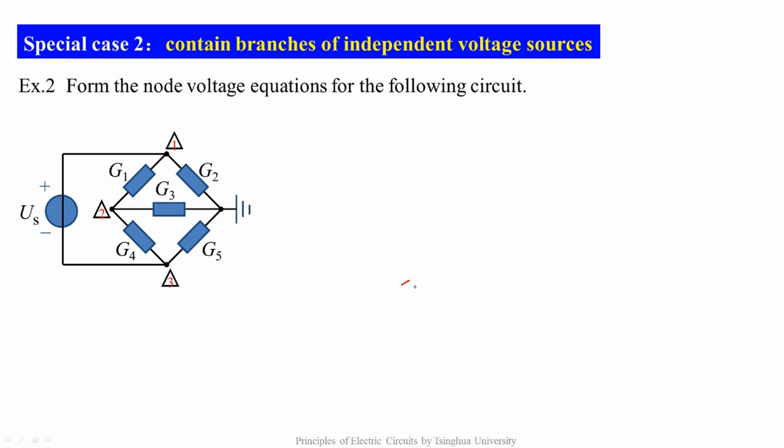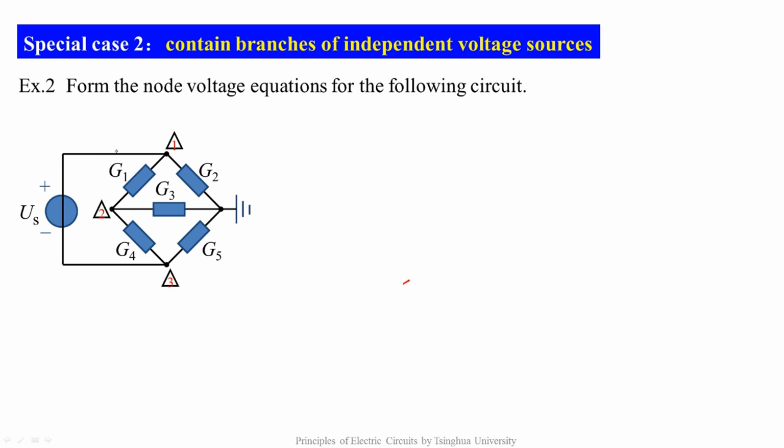But for such a branch with a pure voltage source, according to the characteristics of the ideal voltage source we've learned before, its current is determined by the external circuit and cannot be expressed by its voltage or the voltage difference between these two nodes. So when forming the node voltage equations, we need to use this special method.